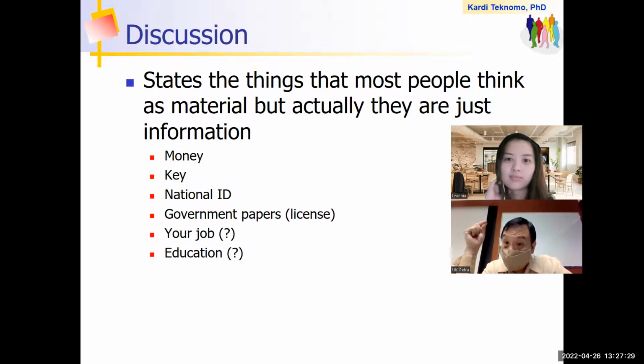What does it mean? Meaning that in the future, I'm talking about the future here, the technology will start to separate what is information and material. The material things will really become the material. The actual information of it will be separated from that.